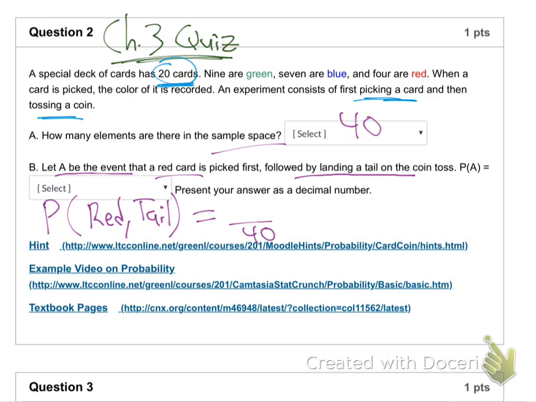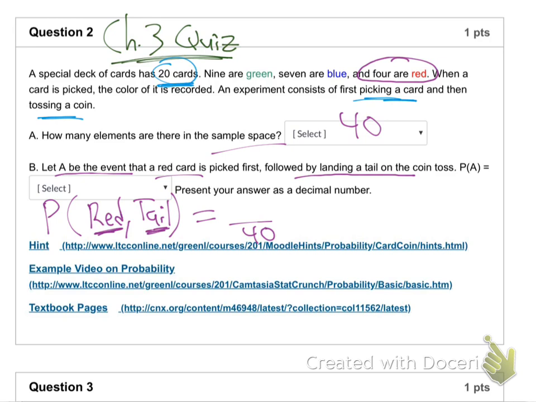Out of the 40 different things that can happen, how many are a red card and a tail? How are we doing? Am I making any sense here? So how many red cards were there? 4 red cards.